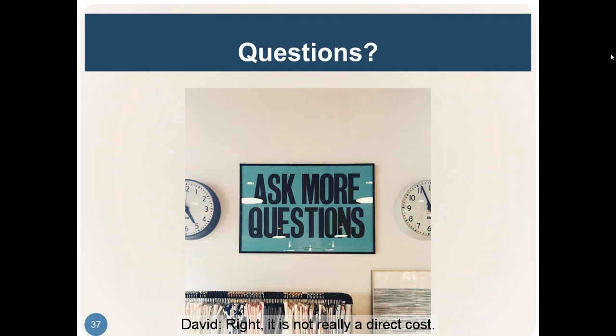Right, but it's not really a direct cost. If they're allocating them, they're indirect costs. Okay. And they're allocating them because they're charged to multiple programs. Sure. And so you're simply saying anything. Well, but I guess where I'm.